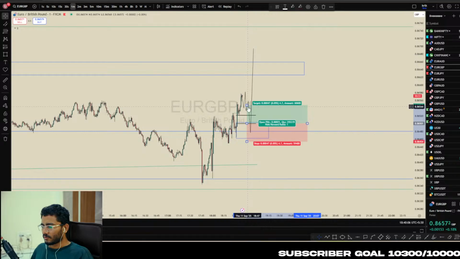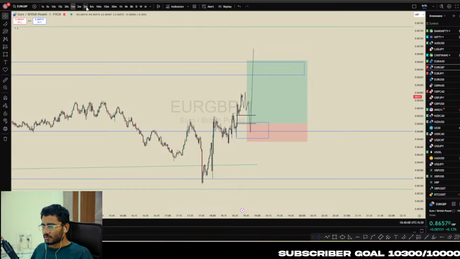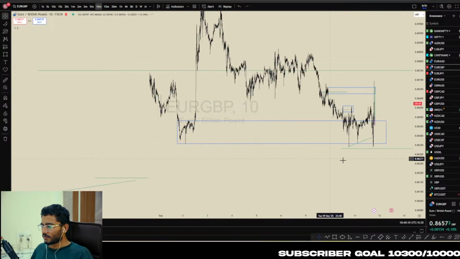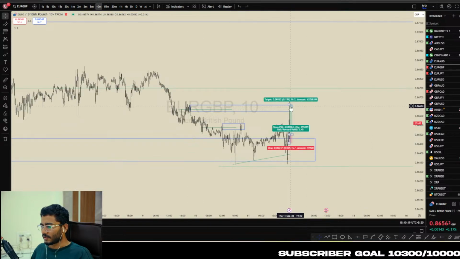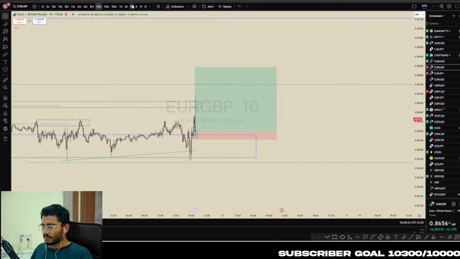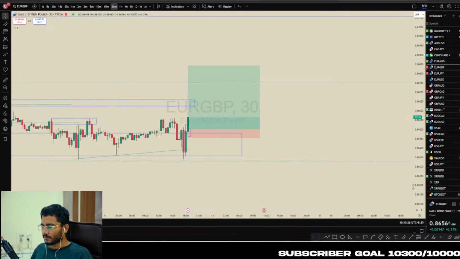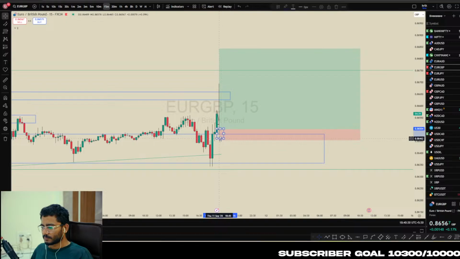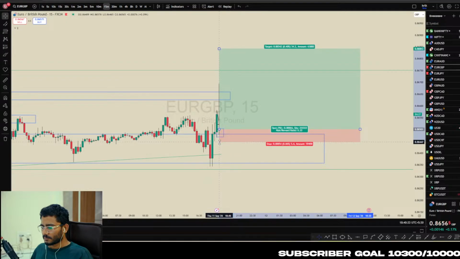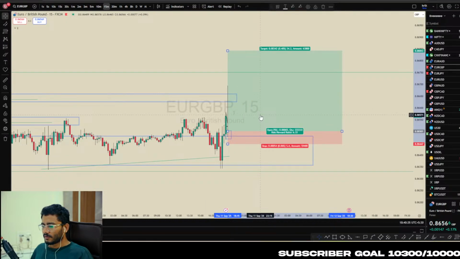So we can look for 1:4, and if price continues, there is imbalance in the price, so it can react from this. But if price breaks this, then we can target the next high, next liquidity. So it's around 1:7. Look at 30 minutes. So this is a trade on Euro GBP which you can look for.